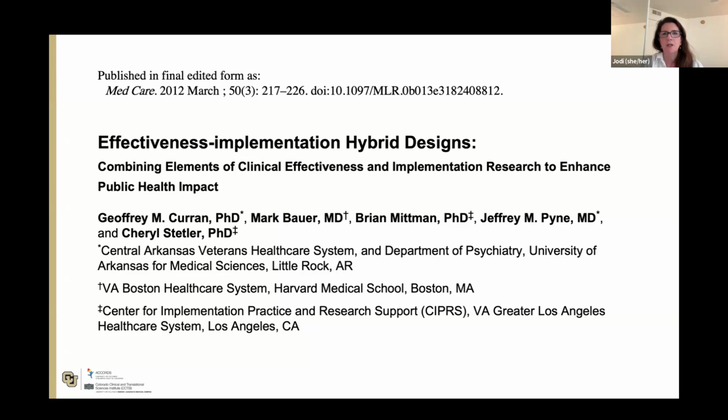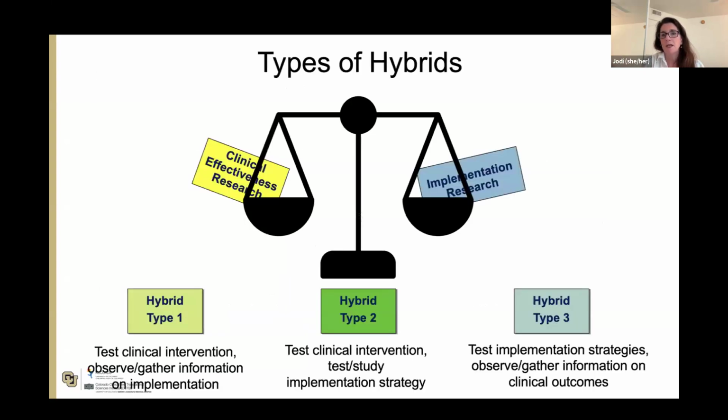Effectiveness implementation hybrid designs. And there have been some adaptations to this also made by some others in terms of drilling down to some more details. But in this particular paper, there are three types of hybrid. Over on the left is a type 1, and over on the right is a type 3, and in the middle is a type 2.